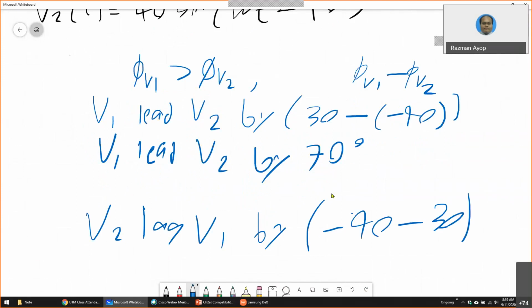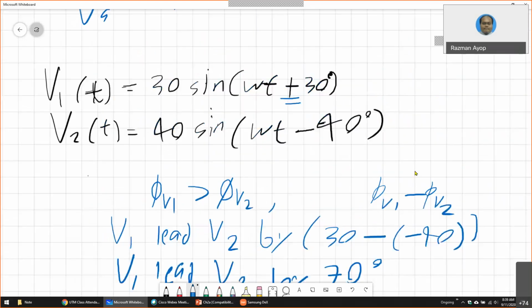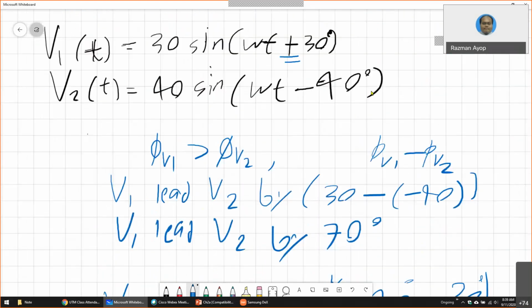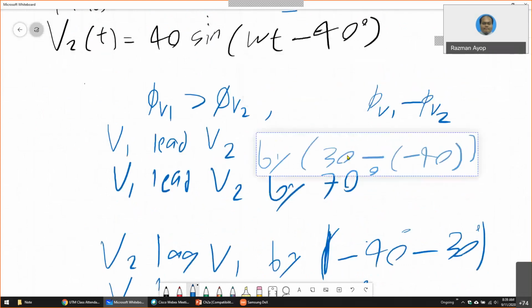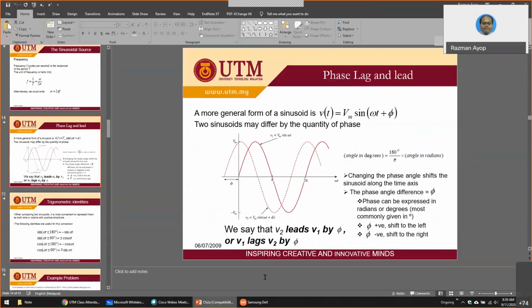Don't forget to take the absolute value, always positive. So V2 lags V1 by 70 degrees. So that is how you determine what is lead and what is lag. Any question? Because this is usually confusing for many students.